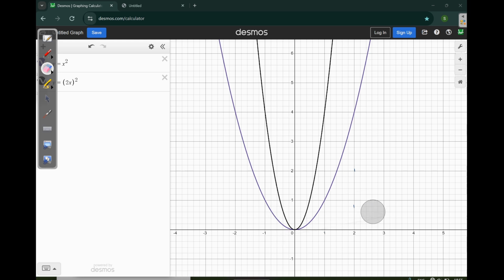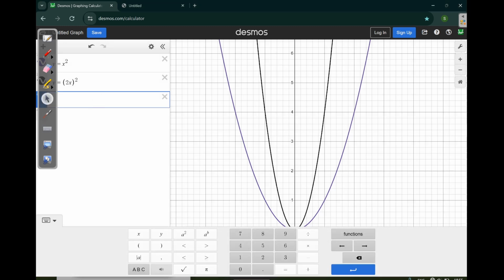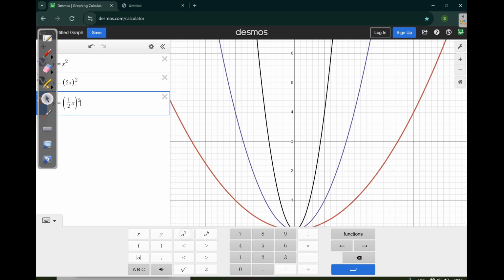But then suppose instead of having a 2 there, we put a half: y is equal to, in brackets, 1 over 2 x, then squared. I want you to see this one now widens.